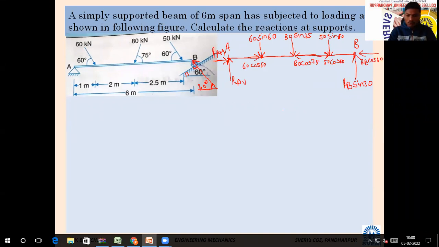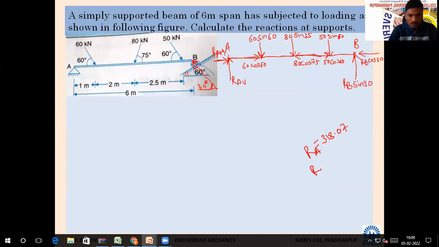Mayuri, roll number 31, Mayuri Patil. What is your answer for RA? 318.07.